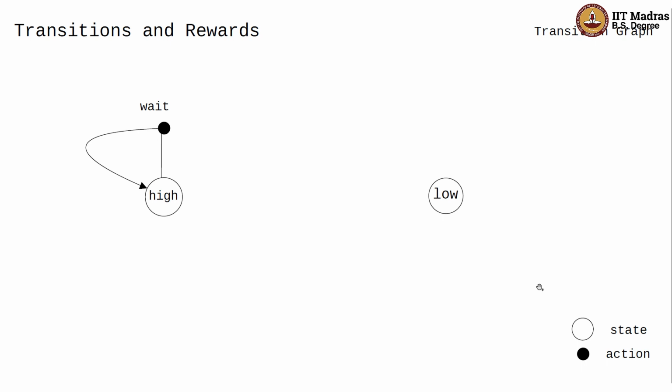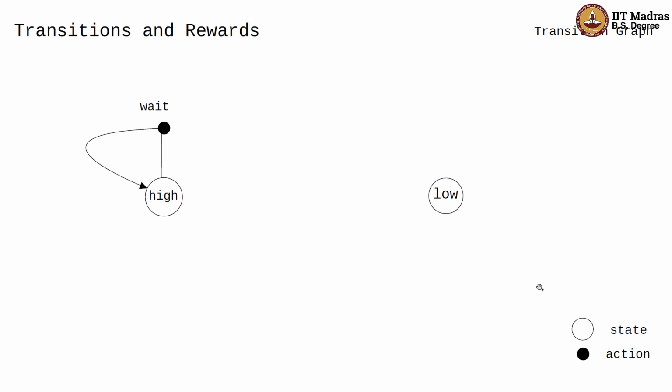And what is the reward that you will get? Here we'll not state the exact reward. Instead we'll add the expected reward if you start from state high, decide to wait and transition to high. If you recall what we did in the lectures, it is the value R of S prime.